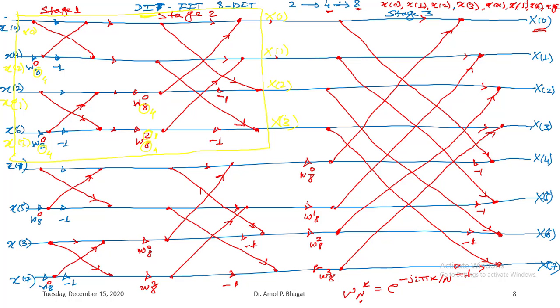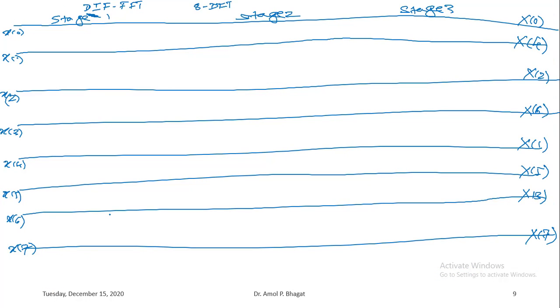The only difference is that the stage 3 structure will be at stage 1, and the stage 1 structure will be at stage 3. Instead of multiplying the Twiddle factors at the input, those Twiddle factors will be multiplied at the output. Okay, so that is the only difference between the DIT FFT and DIF FFT algorithms.